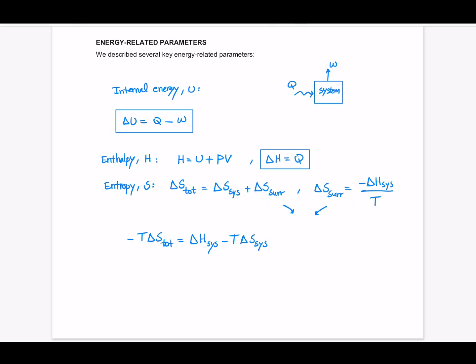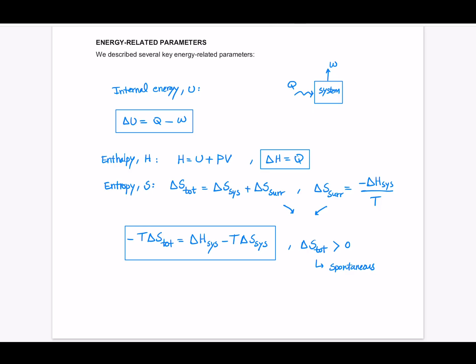Based on the second law of thermodynamics, for any process to be spontaneous, the change in the entropy of the universe has to be greater than 0.